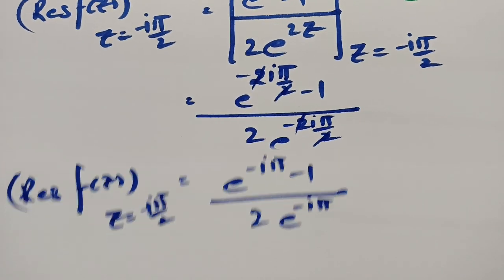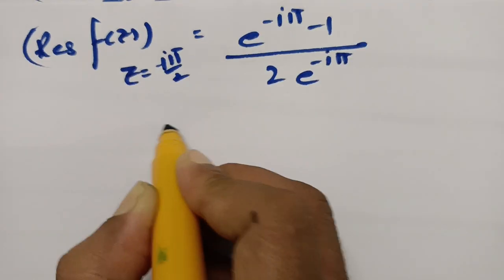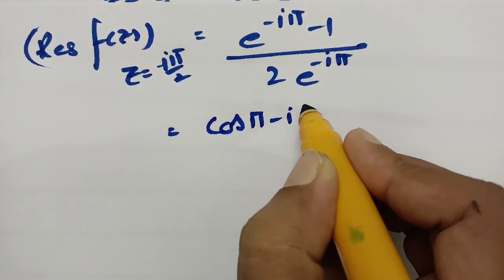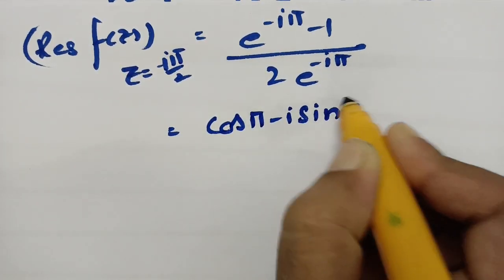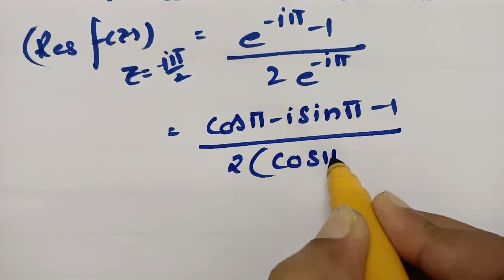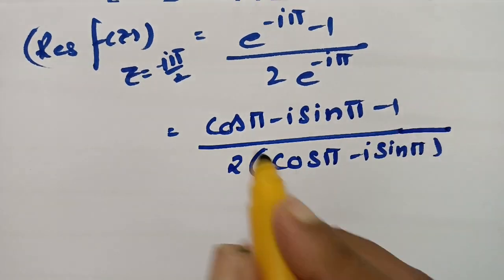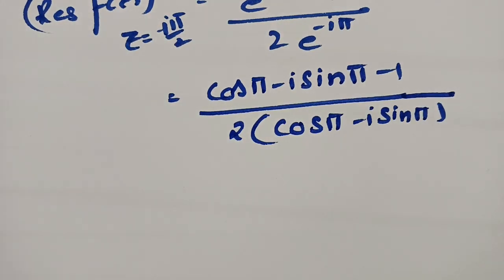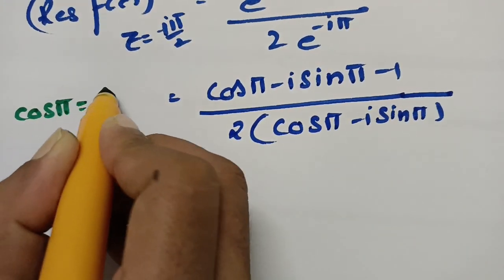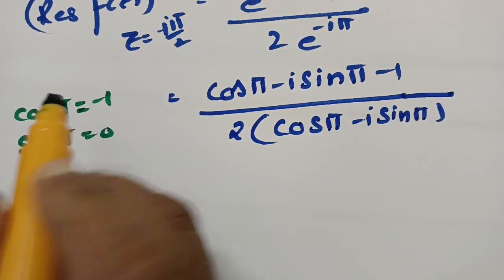Now this can be written as e^(minus iπ), which is nothing but cos π minus i sin π. So it is (cos π minus i sin π minus 1) by 2 times (cos π minus i sin π). What is the cos π value? The cos π value is minus 1 and the sin π value is 0.